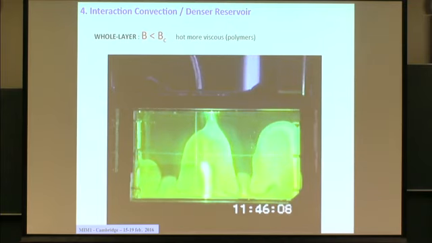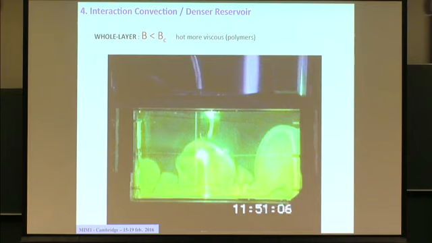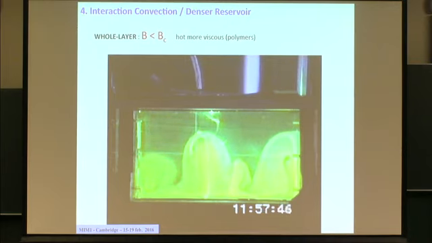So as you see, we have again those big thermochemical domes developing, going up and down. You also get secondary motion on top of those domes. And it's a very time-dependent system.